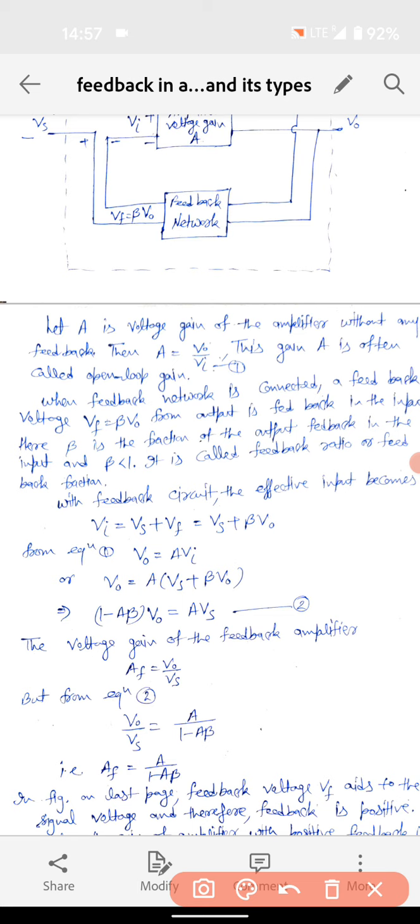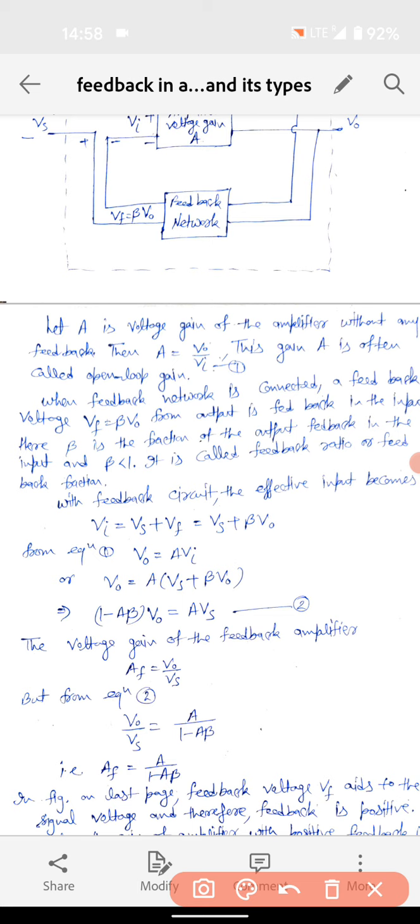As we are saying a fraction of output voltage, it should be clear that beta has to be less than 1. A fraction of output voltage is fed back to the input, and this feedback ratio, Vf by V0, is your beta.